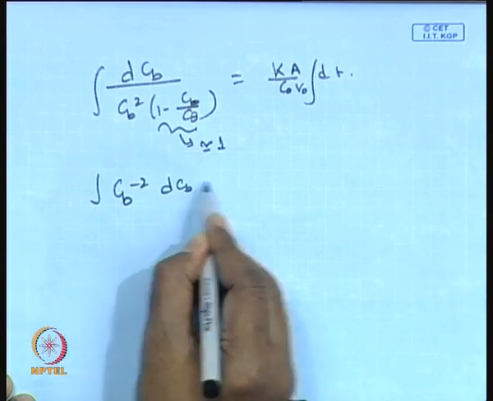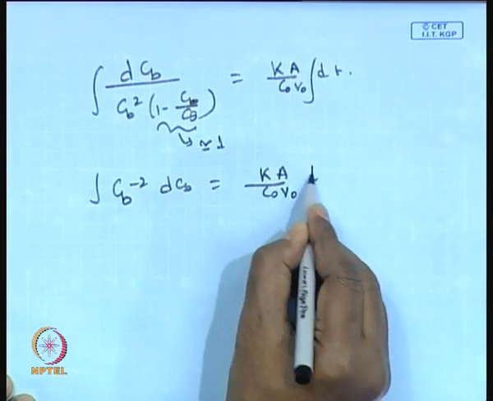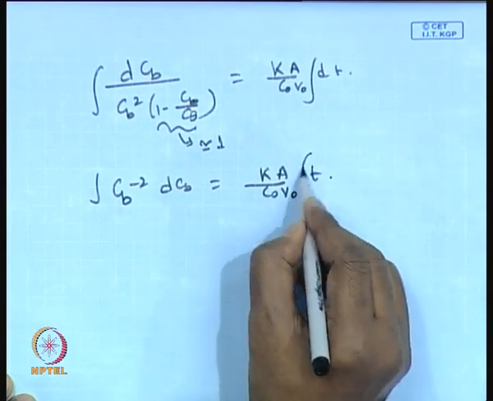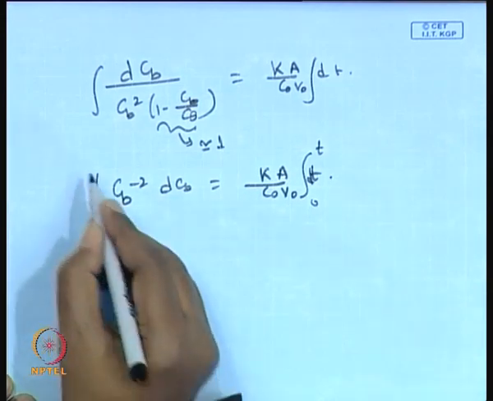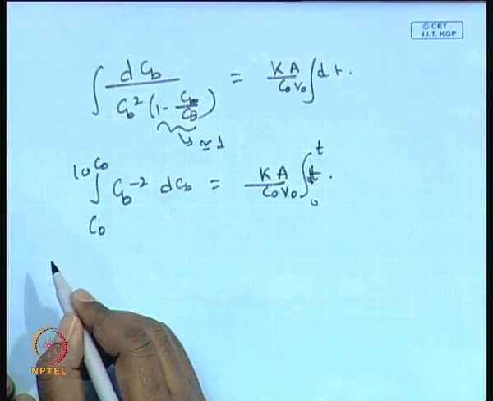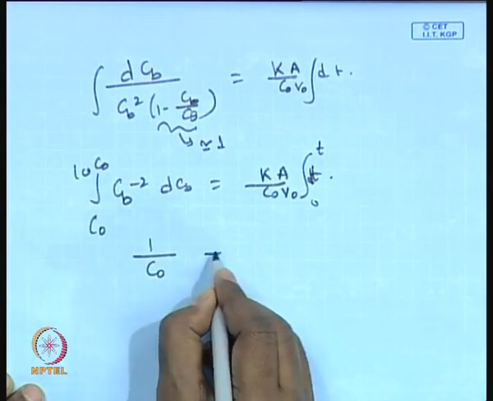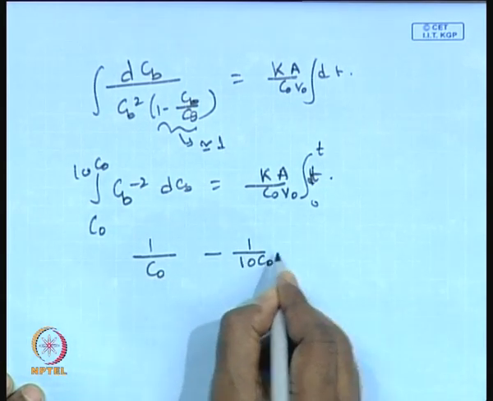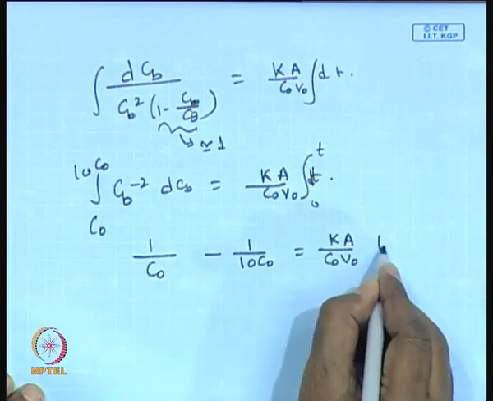So, this will be nothing but Cb to the power minus 2 dCb equal to K A over C naught V naught times t. So, it will be from 0 to t, and this will be from C naught to 10 times C naught, right. So, it gives an expression something like this, 1 by C naught minus 1 by 10 C naught is equal to K A over C naught V naught times t.